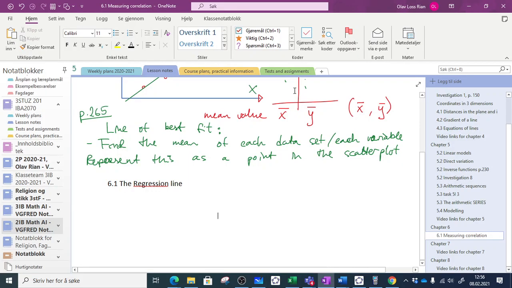So the regression line is a more exact alternative to the line of best fit. We're still going to use a scatter diagram as a starting point. But we use the regression line to find or to estimate, to put a number on the correlation between two sets of data.